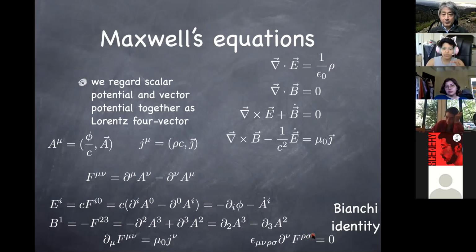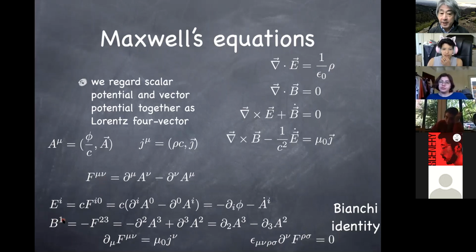Does the 1, 2, and 3 correspond to X, Y, and Z for the bottom magnetic field equation? The bottom magnetic field equation, you mean just B1? Yes. Yeah, so B1 is the X component of the magnetic field, which turns out to correspond to the F23 component.